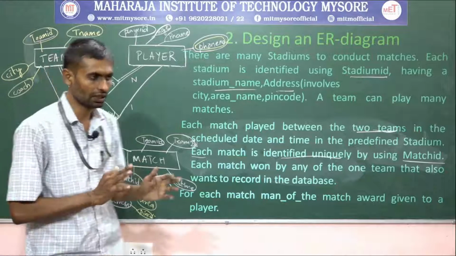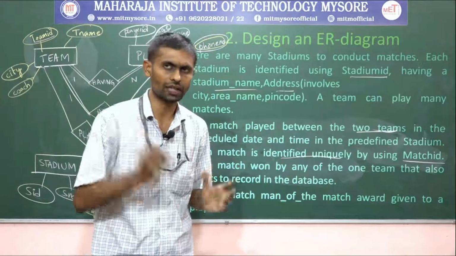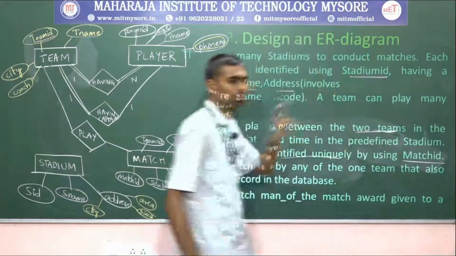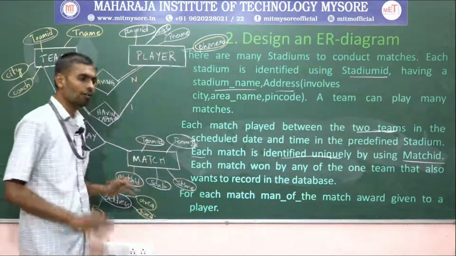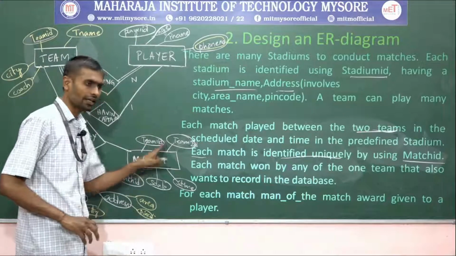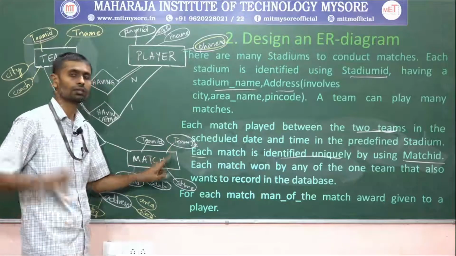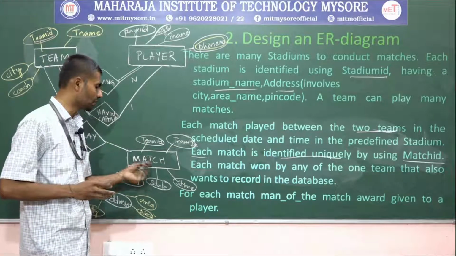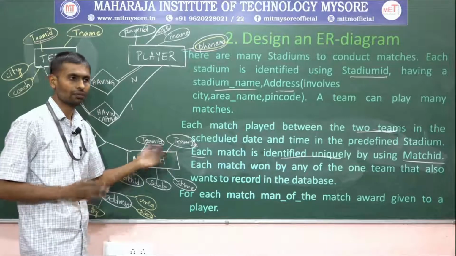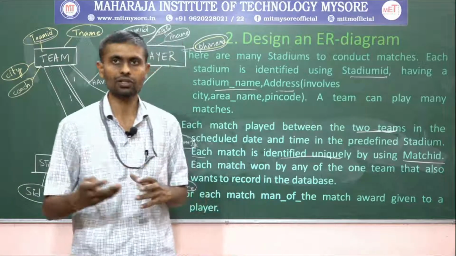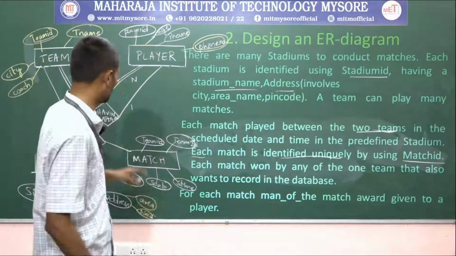Suppose when we go with converting that ER to relational mapping, that we can do. But since here it is very much clear that there are two teams only, to avoid further confusion, what we can do is directly write team 1 ID and team 2 ID, because only two teams are going to be contesting in each match. So I'll record it here, so it becomes very easy for our further consideration as well as further mapping purpose, right?